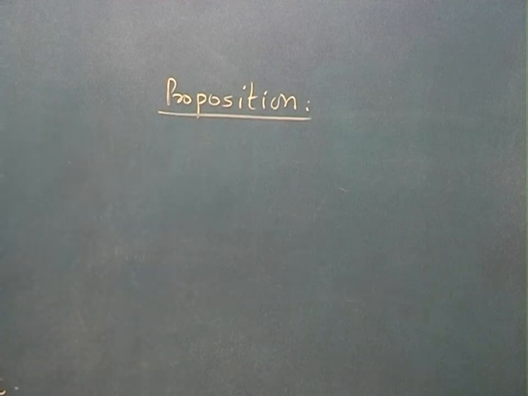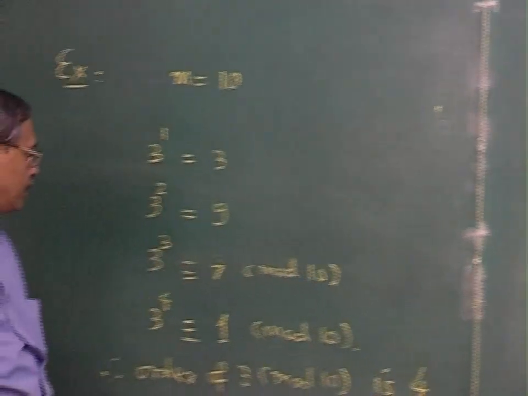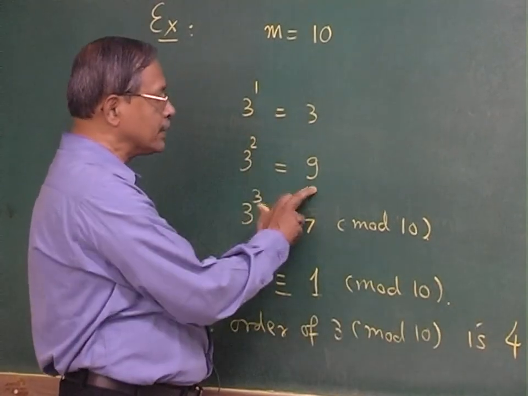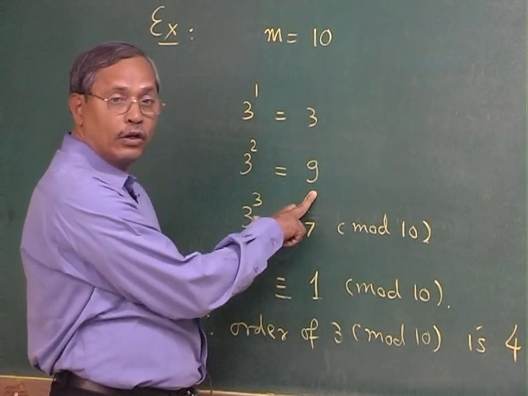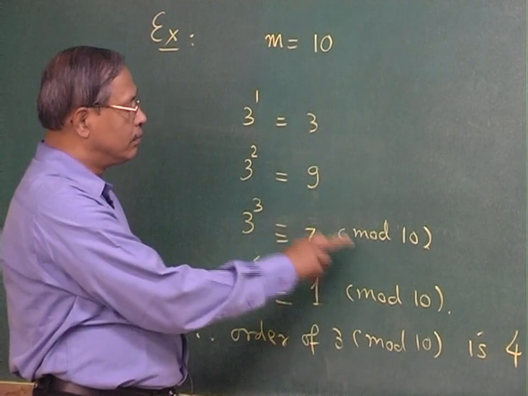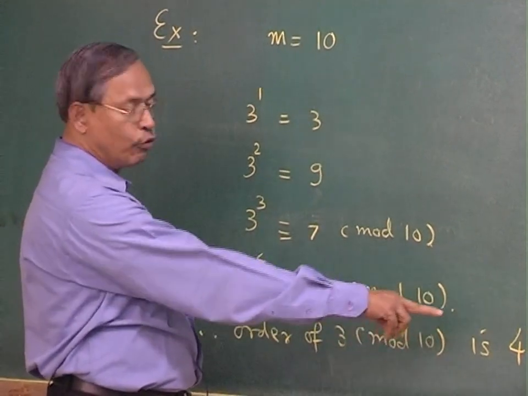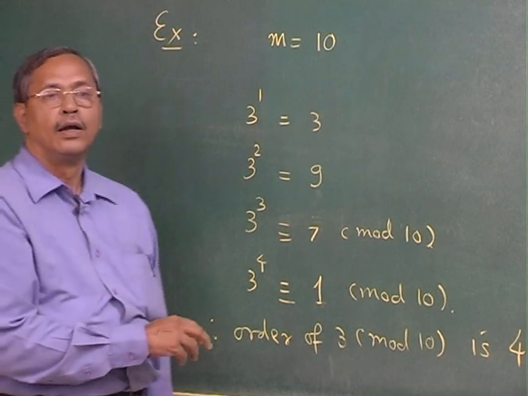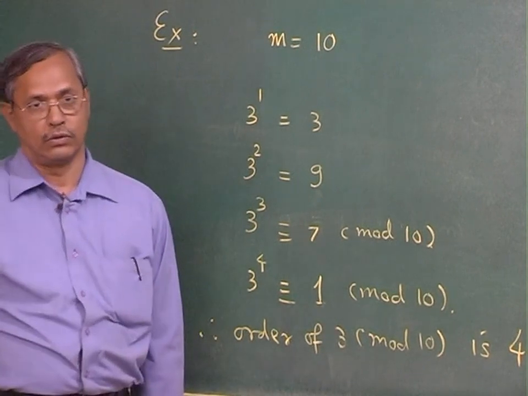In this example, you see that the order of 3 is 4, and 3 squared is 9, and the order of this power, the square, comes out to be half of this order, 4 by 2. You are raising 3 to the second power. So that kind of result is true.